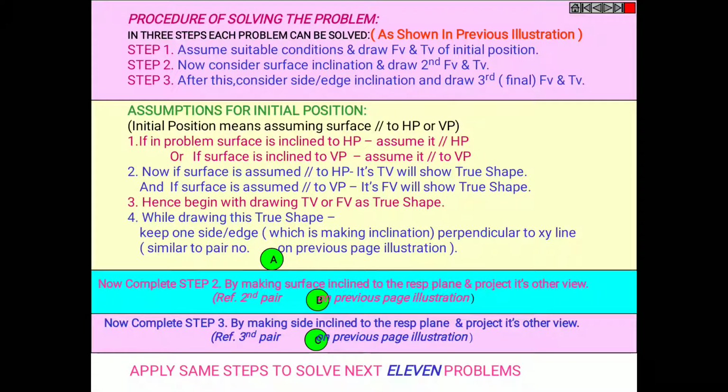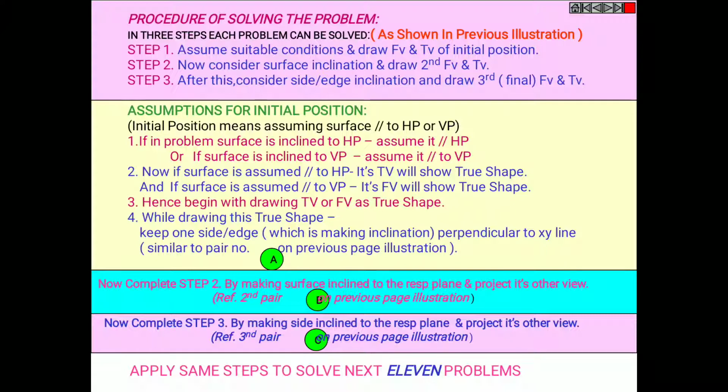So in the first step you will begin the drawing with your true shape. While drawing this true shape, keep one side or edge which is making inclination perpendicular to the XY line, similar to pair A on the previous page illustration, where you have seen the figures A, B and C, where A is your true shape figure.